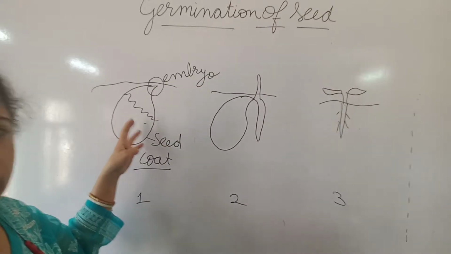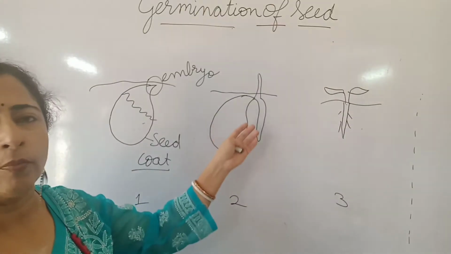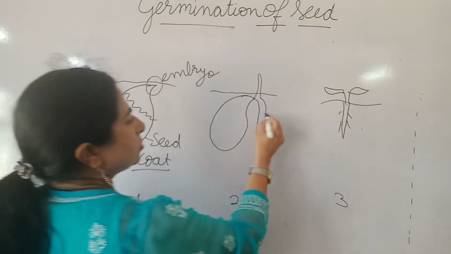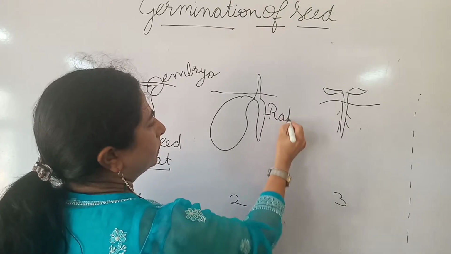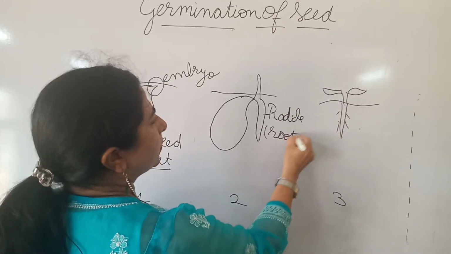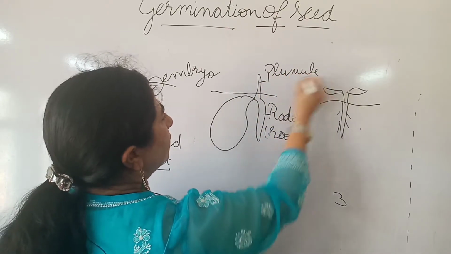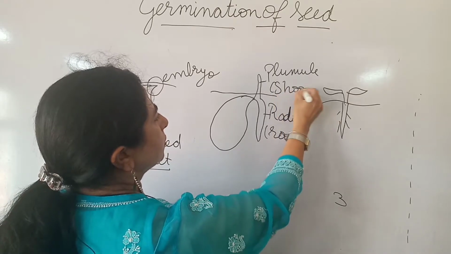When the seed coat is removed, two structures start developing from here. This is called the radicle, that is the future root, and this is called the plumule, that is the future shoot.